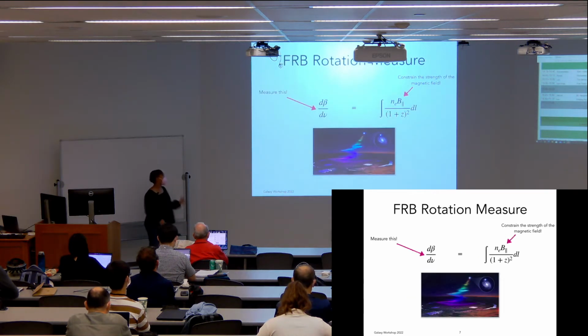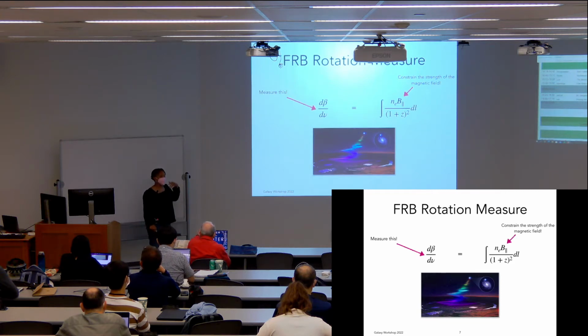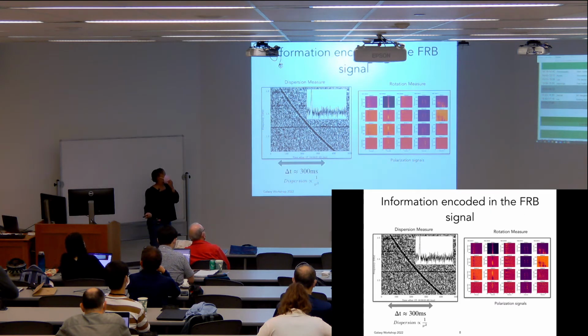For our FRB rotation measures, we can measure that angle of rotation as a function of frequency, and then use that to constrain the strength of the magnetic fields that our burst signal is interacting with on its way to us. The FRB signal has a lot of information encoded in it.